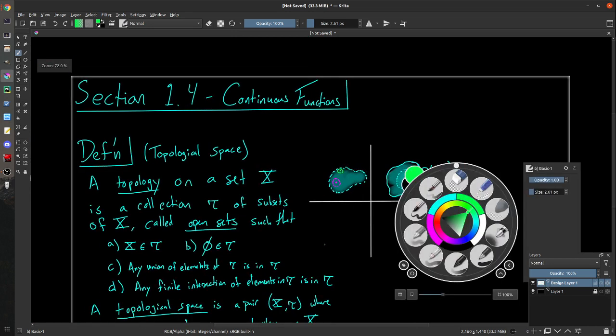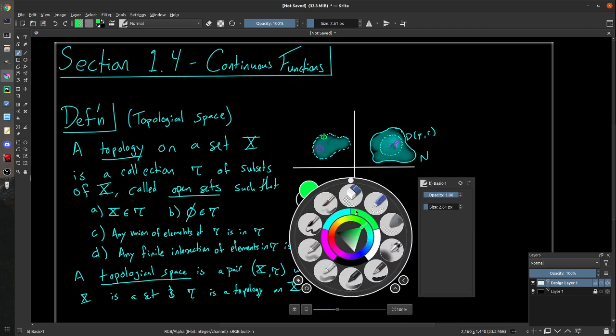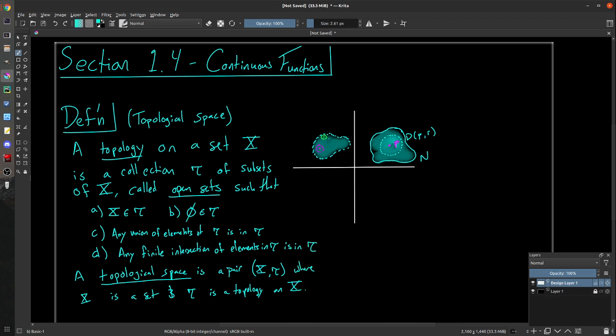So that's how they go about it in your textbook. I prefer just to look at topological spaces generally, and then proceed from there. So we can describe neighborhoods very easily in general, not just in this specific case of C. So we can do this very generally by saying, given a topological space, and I'll write it still as a pair.